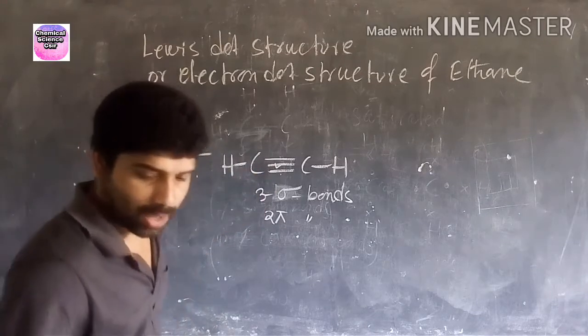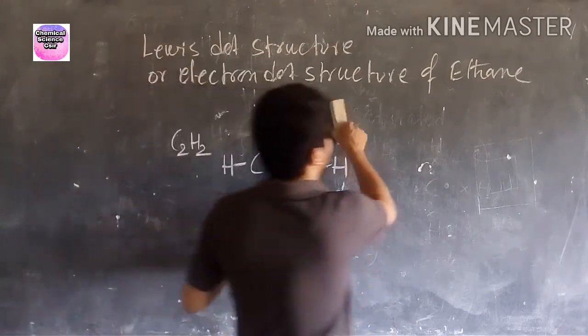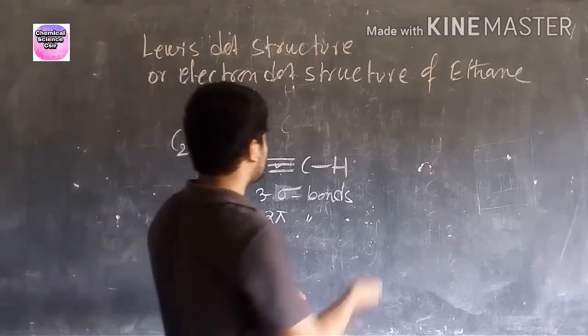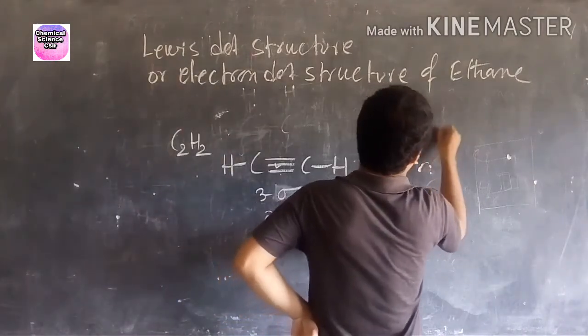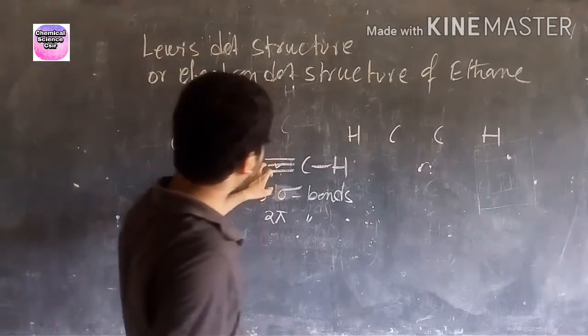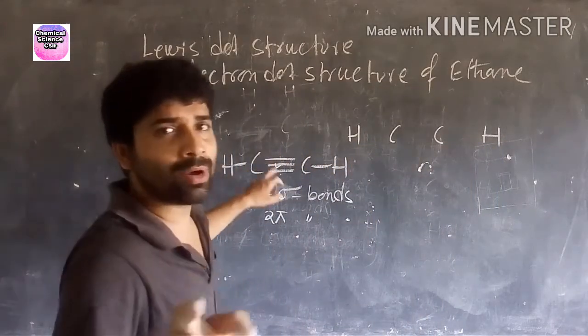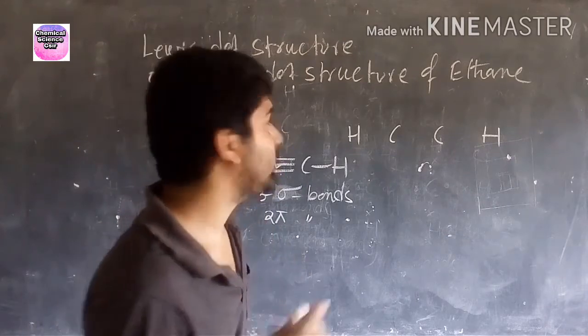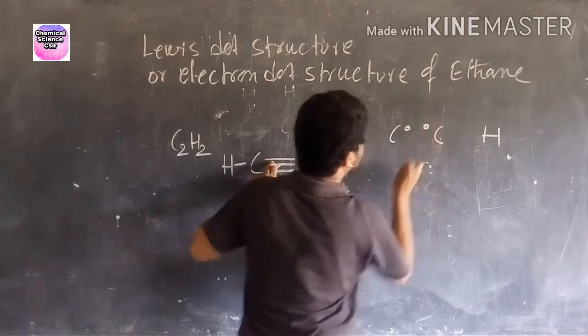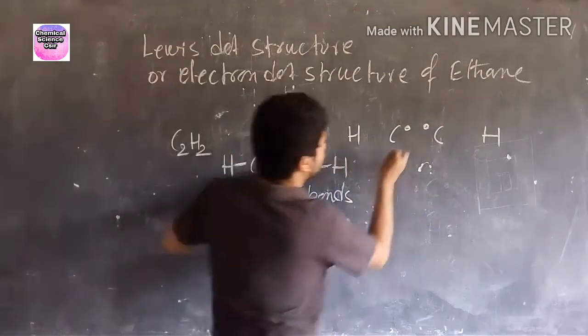Now, how to represent it by Lewis dot structure or electron dot structure? Carbon, here also carbon, hydrogen on this side and one more hydrogen on the other side. A single bond can carry 2 electrons, so write 1, 2 for each single bond.